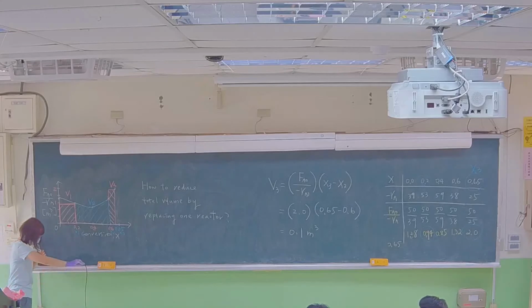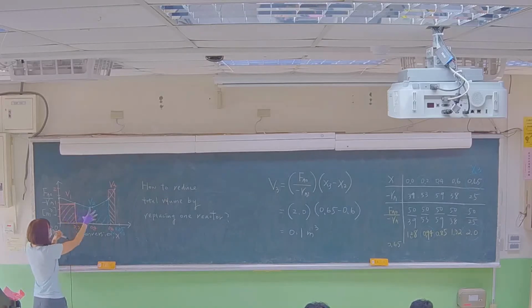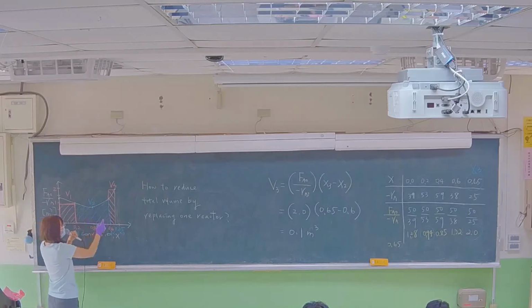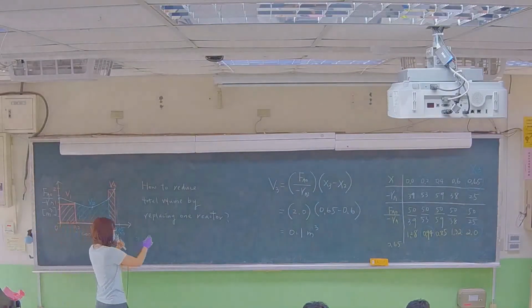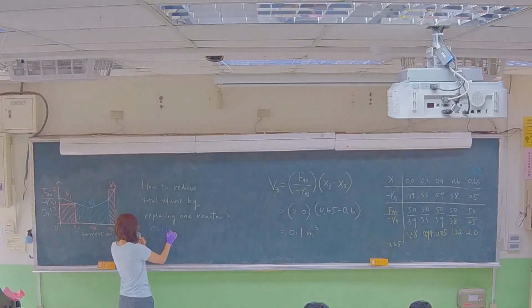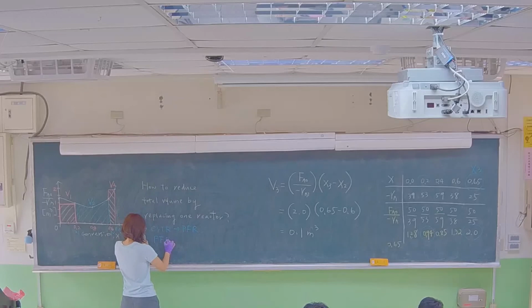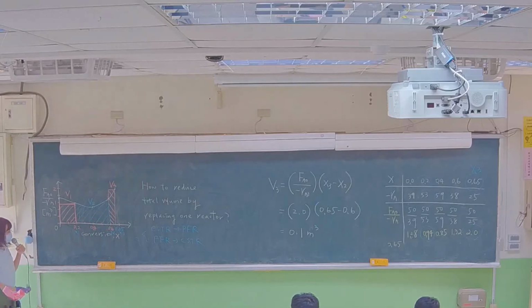The total area of this system, you sum up this one, and this one, right? These three areas are the total area. So how to reduce the total volume? You can change CSTR into PFR, or change this one into this one. You have these choices.